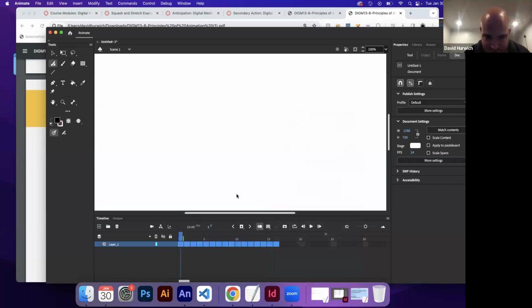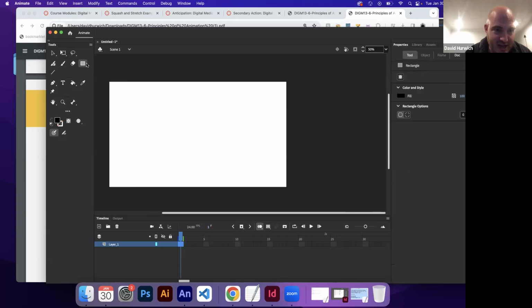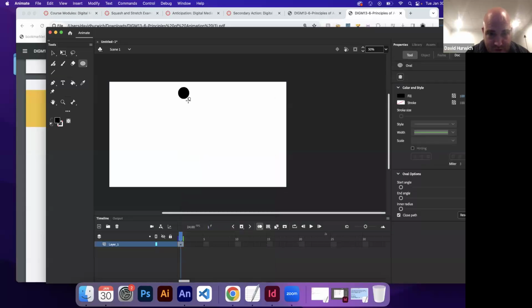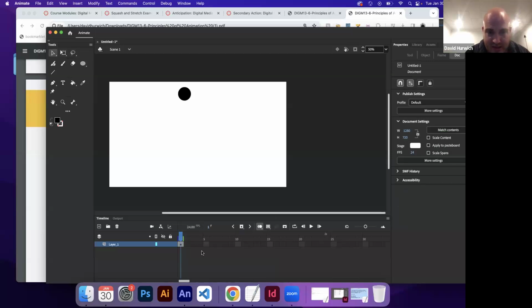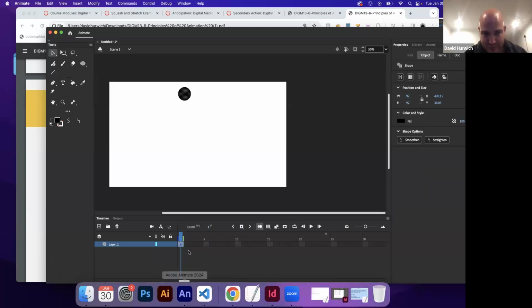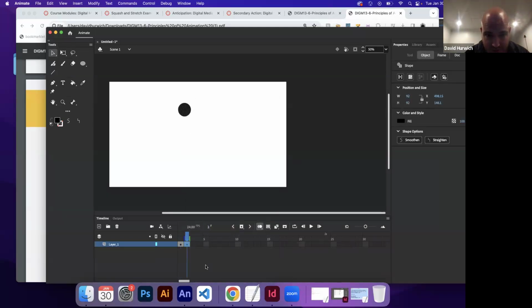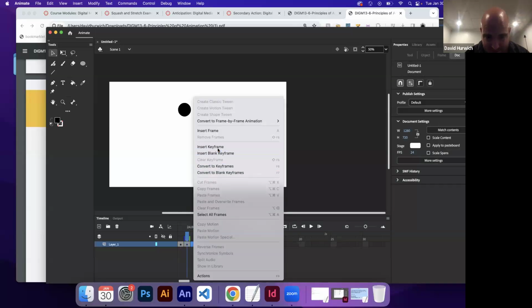Let me just remove all this. All right, so let's say I have a circle. Let me add a blank key. All right, I got this, and then I'm going to start by doing this equidistantly. I'm going to try to make this as equidistant as possible.